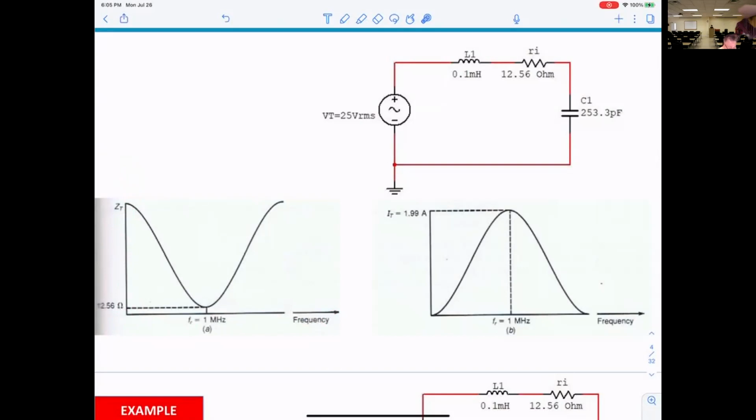So when they draw the total impedance, you can say this is the minimum resistance. At this frequency, they call it resonance. Resonance frequency for this circuitry is 1 megahertz.